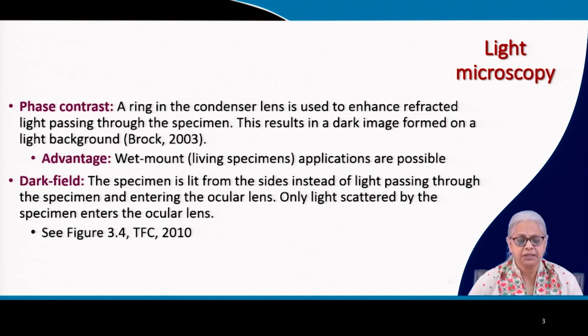In phase contrast, we have our light source and there is an annular diaphragm right in front of the light source. What it does is it forces a fraction of the light to pass through the annular diaphragm and then through the condenser lens. This light is then brought to focus on the specimen.